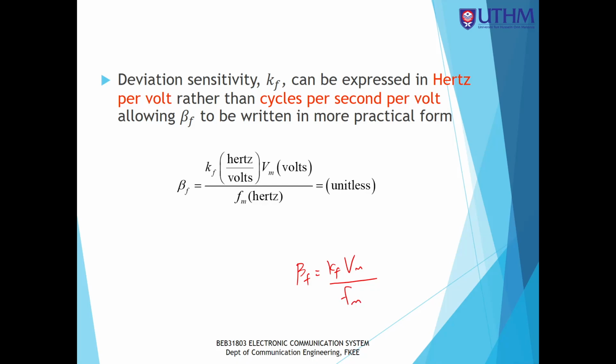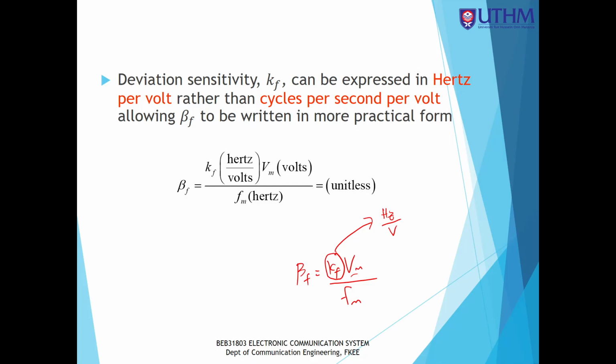That means this Kf has a different unit, which is in terms of hertz per volt. If Kf is in hertz per volt, you multiply it with volt and divide by hertz, so it is a unitless parameter.